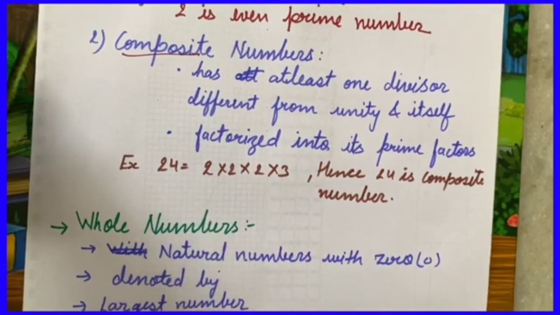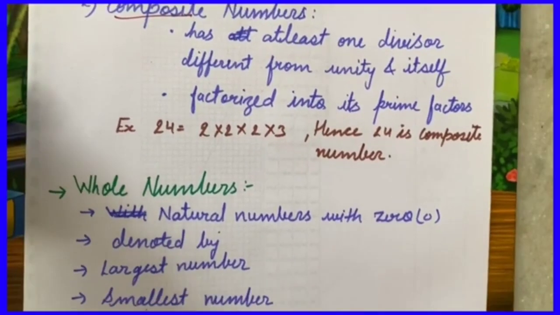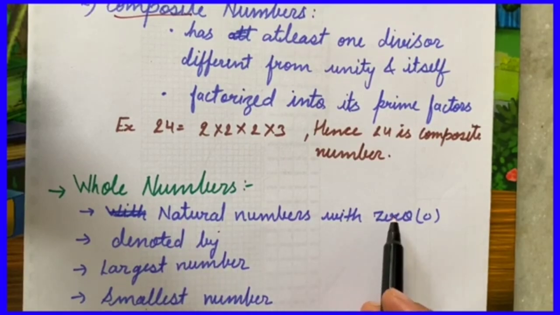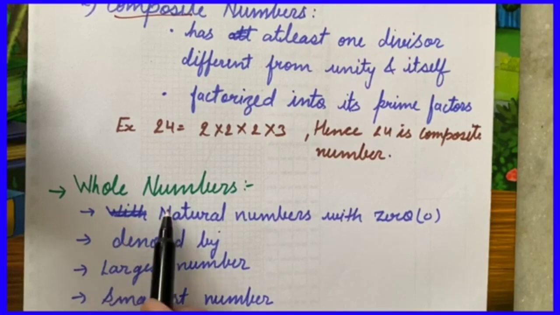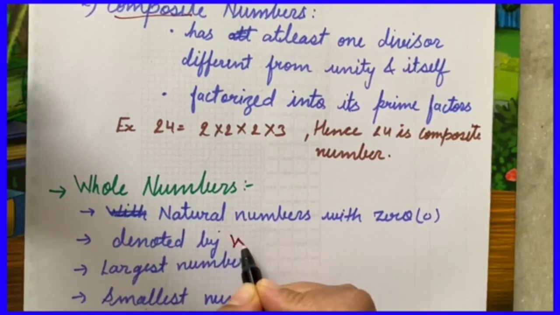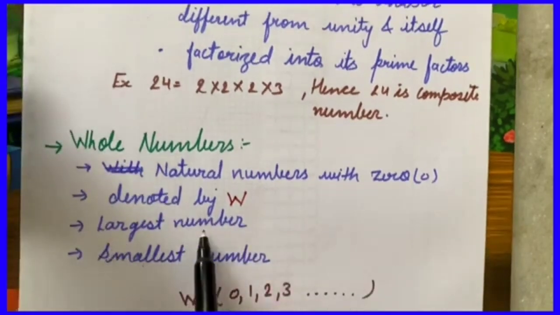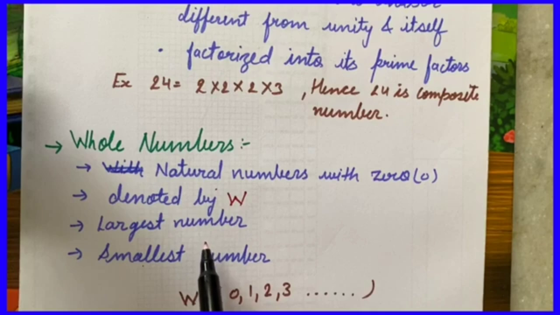Fine. Now let's talk about whole numbers. Whole number is a natural number with 0. Fine. Normally natural number starts from 1, but the whole numbers will start from 0 and it is denoted by W. W stands for whole number. Now the largest number in the whole number cannot be found because it goes up to infinity.